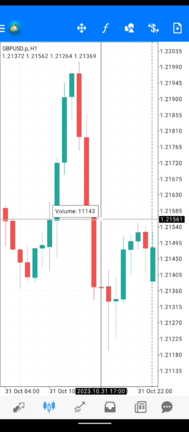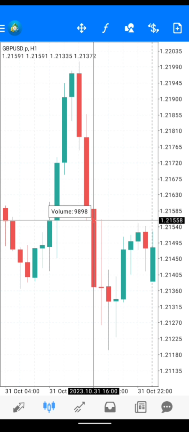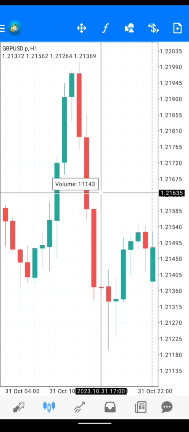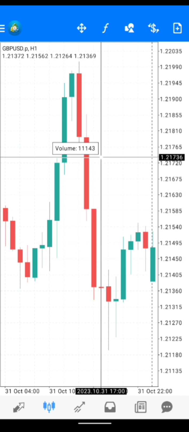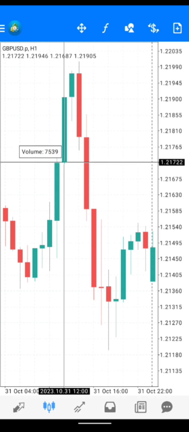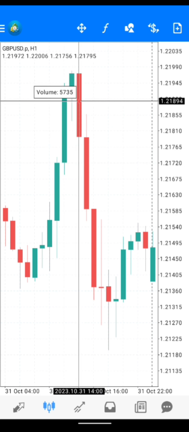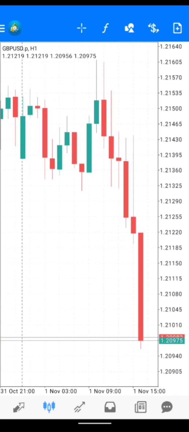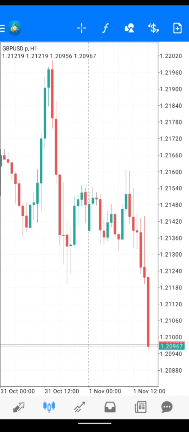The next hour, price opened at 1.21558, pushed lower to 1.2145, came up to create a new high, but closed at 1.2172. For the next candle, the same. So that's the basic price action of candles based on whether the market is bullish or bearish. The next thing is to show you how to enter a trade.